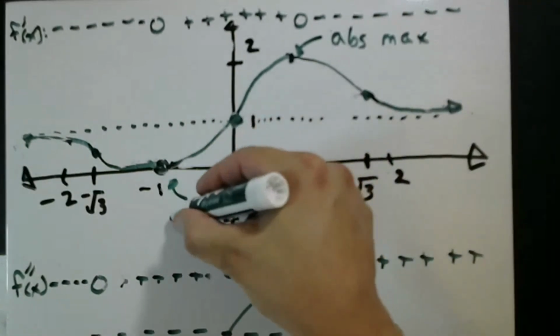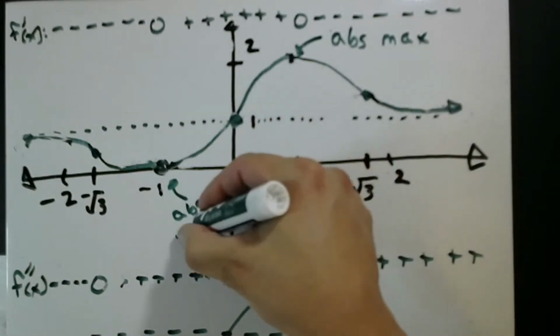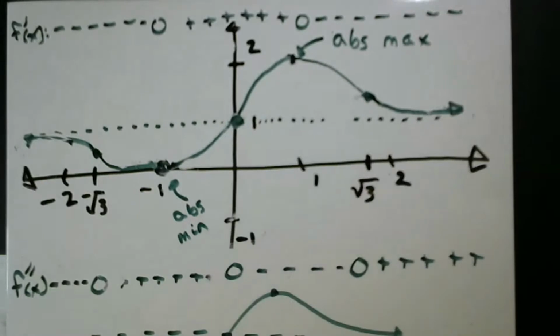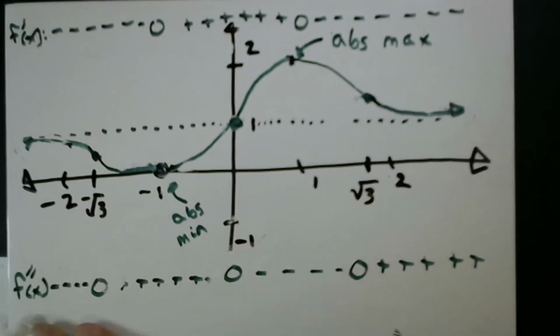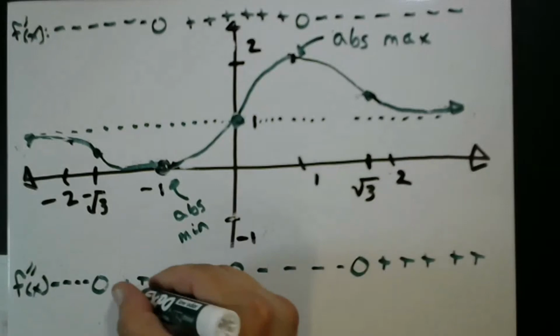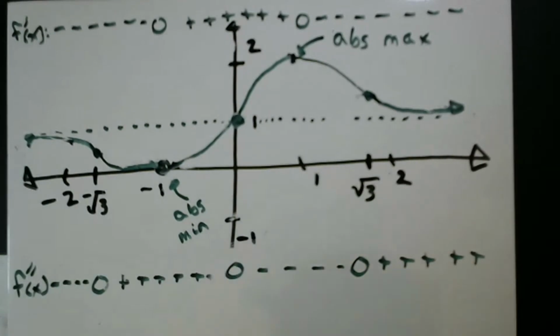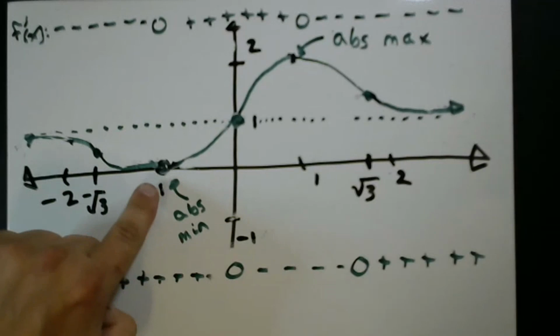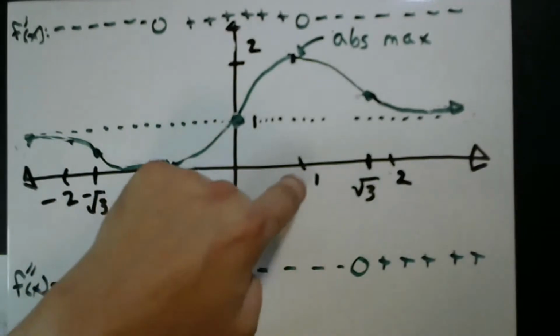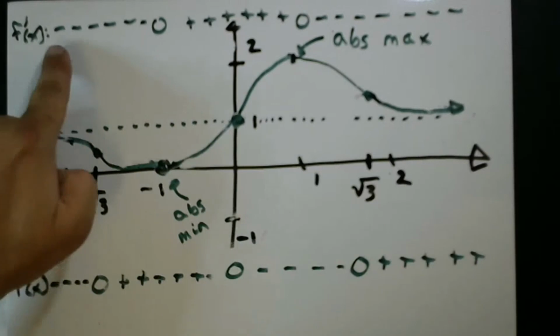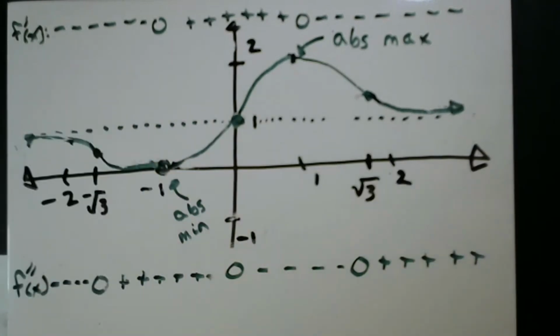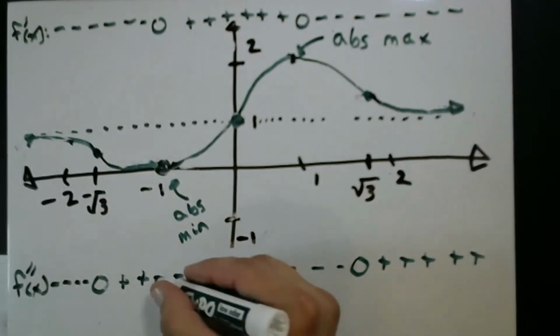And this is also an absolute minimum. And again, the reason is, for something to be lower than this, you'd have to have a dip like that, and you would have to have a positive first derivative in order to pull that off.